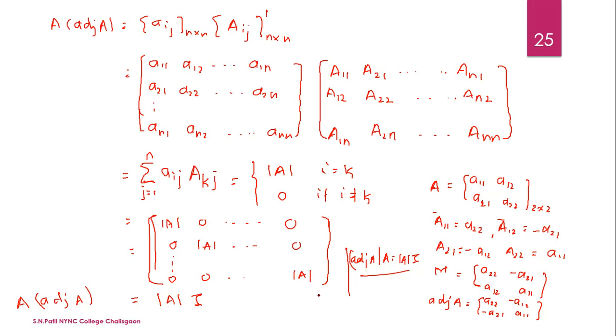Let us take one more corollary related to the same problem. The corollary is: if A is a non-singular matrix of order n, again there are two things.